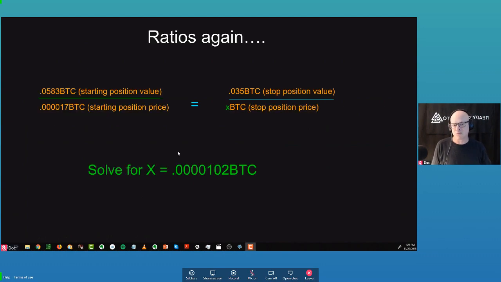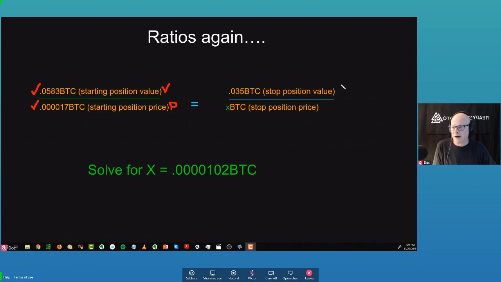So we're going to go back to ratios now. This is how I do a lot of things. If I look at this, what do we know right now? Let's put down all the variables that we know. We know our starting position size, and we know our starting position price. So this is the value divided by the price.